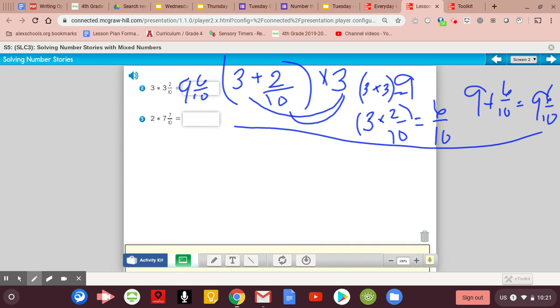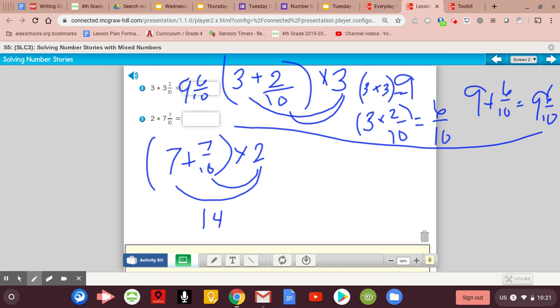And then I'm going to do problem 3, which is 2 times 7/10. And I'm also going to do partial products again, just so you can see that and get familiar with that new strategy. So 7 plus 7/10. I'm going to separate those apart. And then I'm going to times them each by 2. 7 times 2 is 14. 7/10 times 2. Remember that top number times the whole number would also be 14/10.